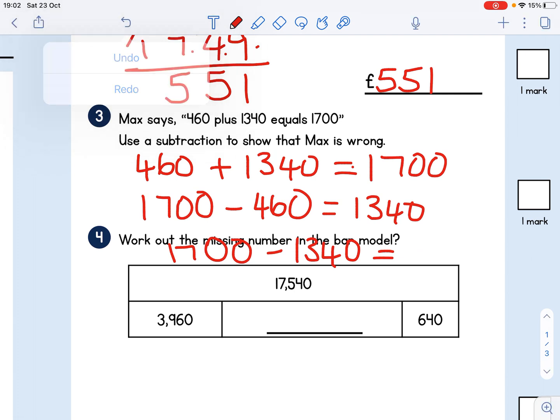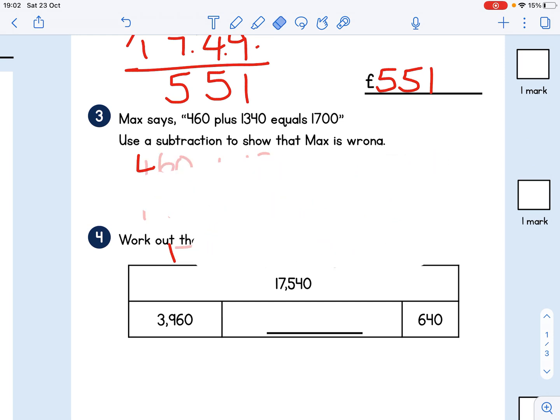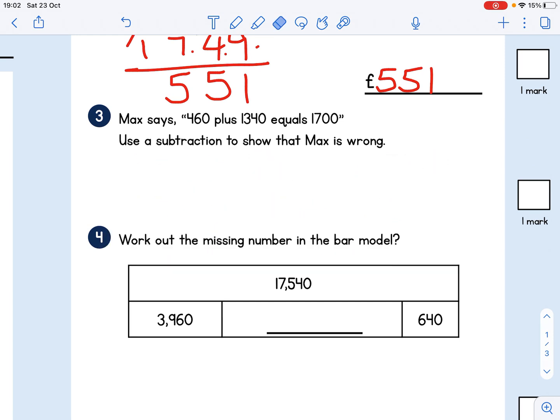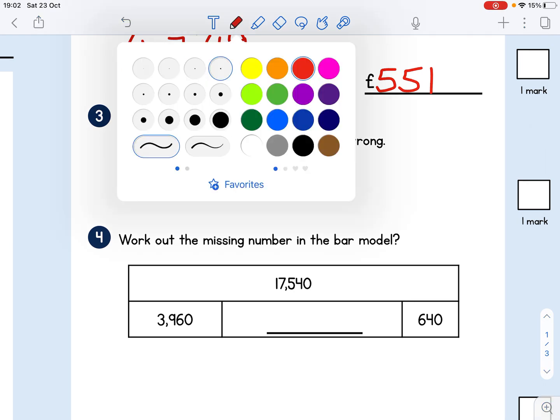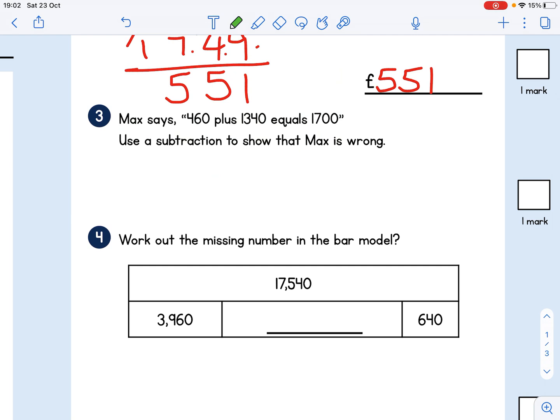I'm just going to check the first one. I'm going to do 1,700, take away 460. Doesn't matter which one you chose to do.